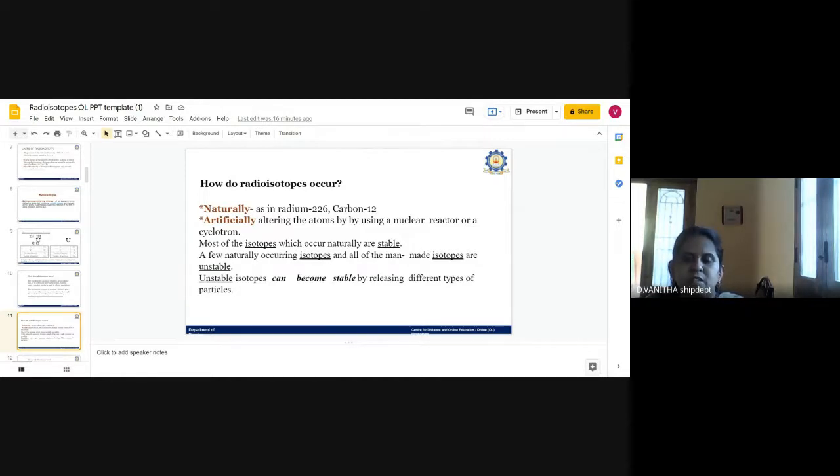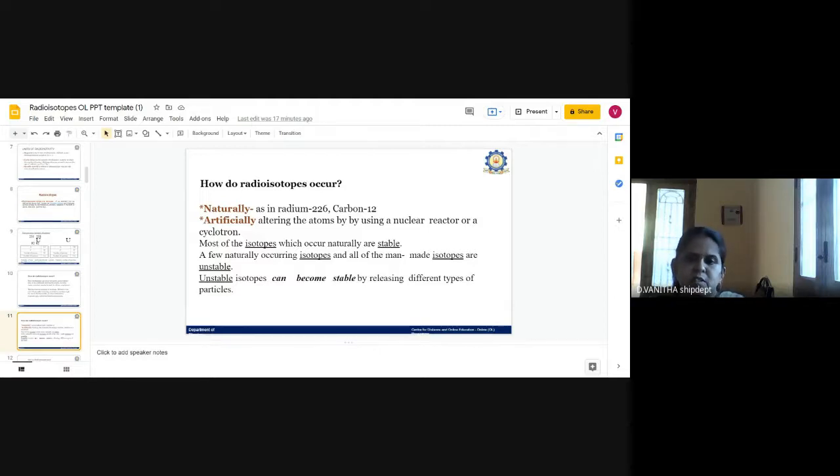Already we saw that. Most of the isotopes which occur in nature are stable. But a few naturally occurring isotopes and man-made isotopes are unstable. Not all elements are unstable; only a few are unstable, and they emit radioactive particles and gamma rays.